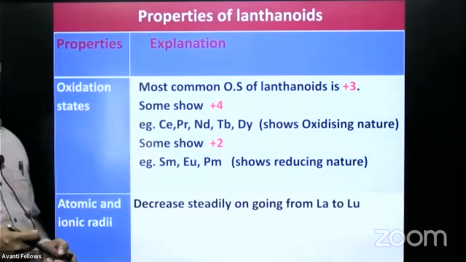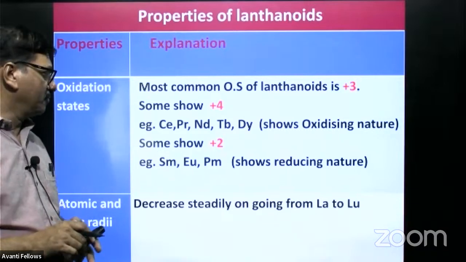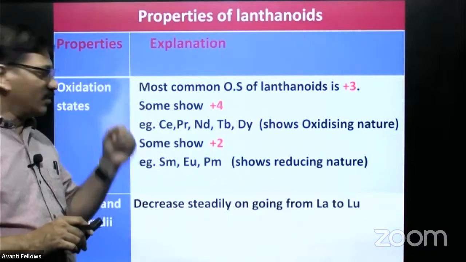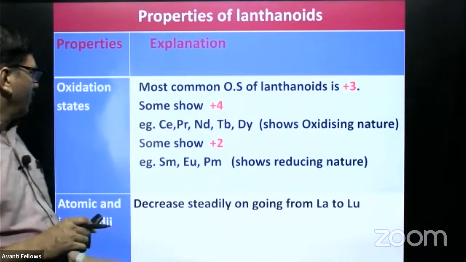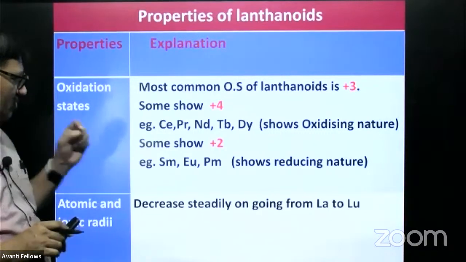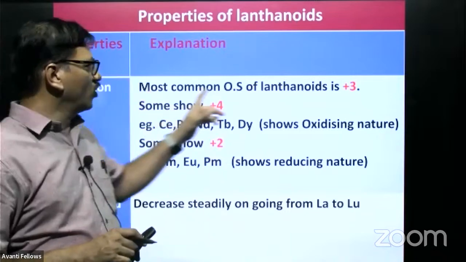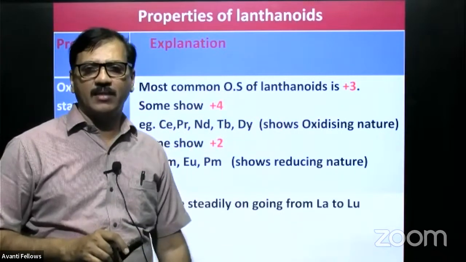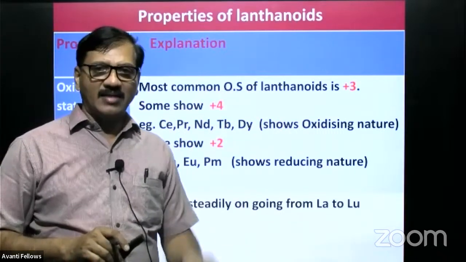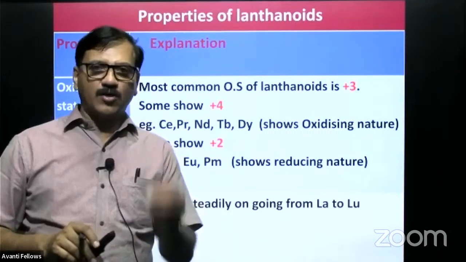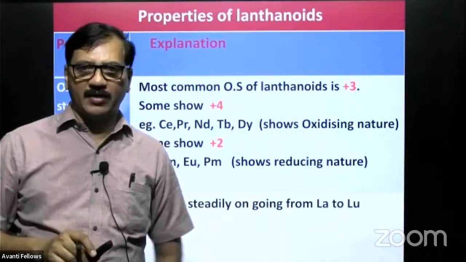Now coming to the oxidation state, the lanthanoids show +3 as a very stable oxidation state. The most common oxidation state of lanthanum is +3. So there is an electronic configuration which is responsible for it.